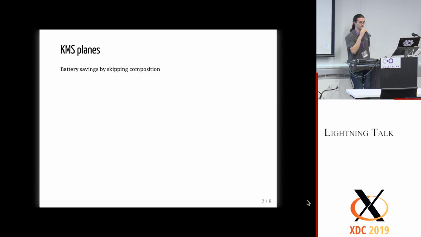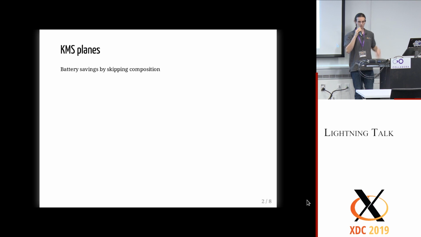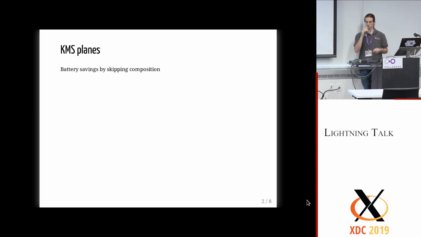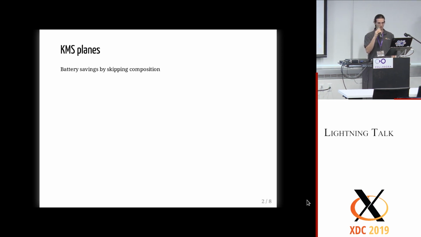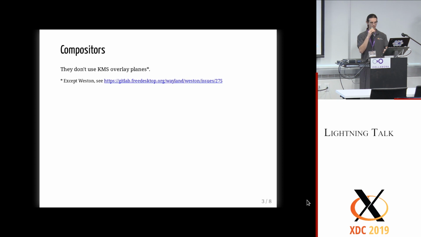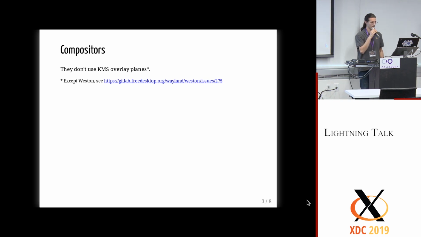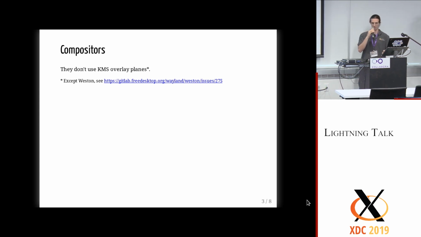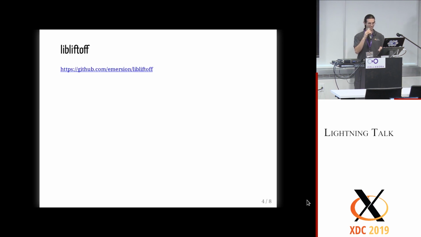So the basic idea is that hardware has some hardware planes, and to save battery and improve latency, we really like to skip composition and directly scan out client buffers on some hardware planes. The issue is that compositors right now don't use KMS planes at all, at least overlay planes, except Weston, but it's still not complete, and yeah, it's complicated.